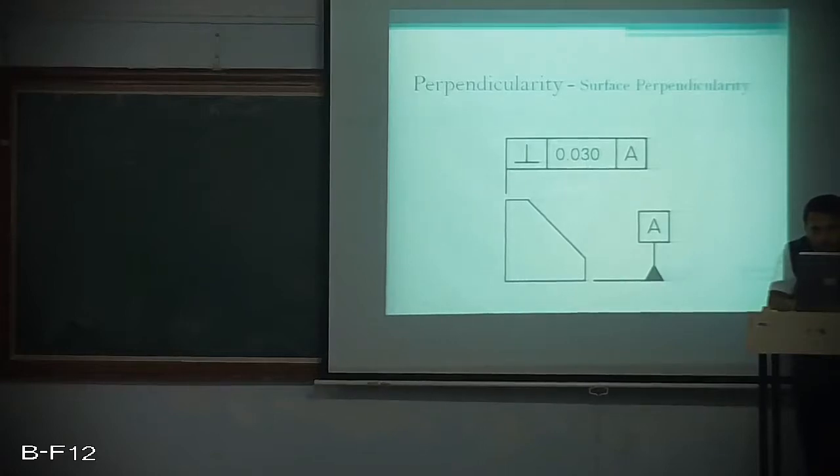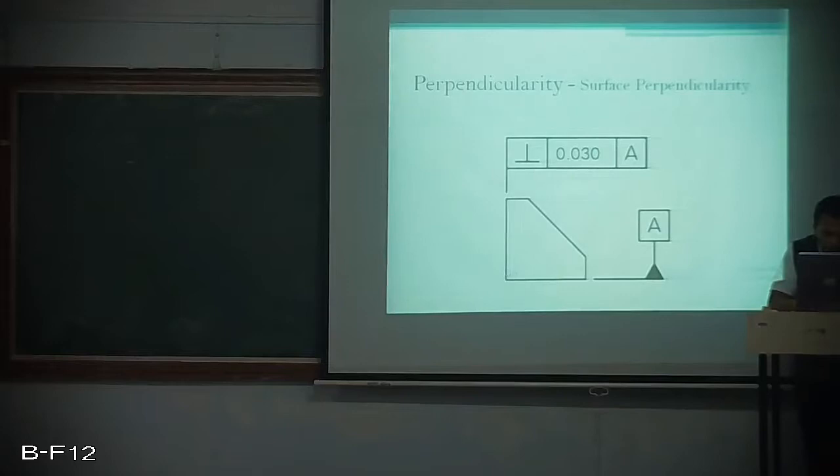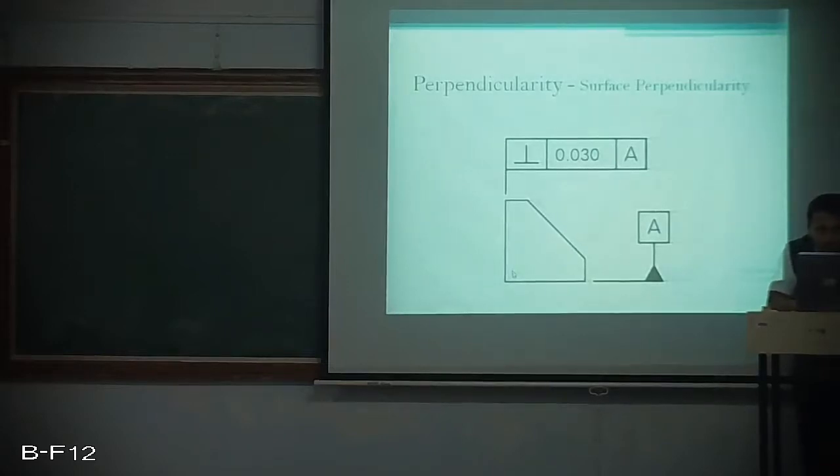Perpendicularity means what? This surface has to be 90 degree with this surface. If it is not possible for us to achieve 90 degree, then the variation must be within 90 plus or minus 0.030.